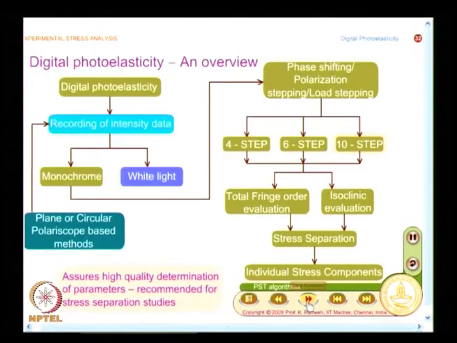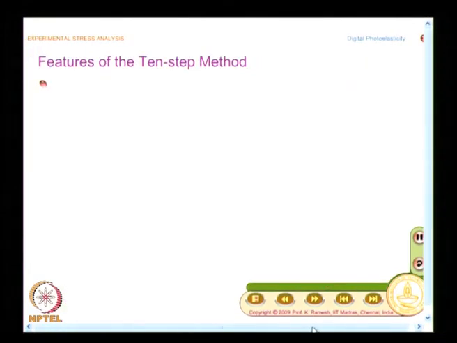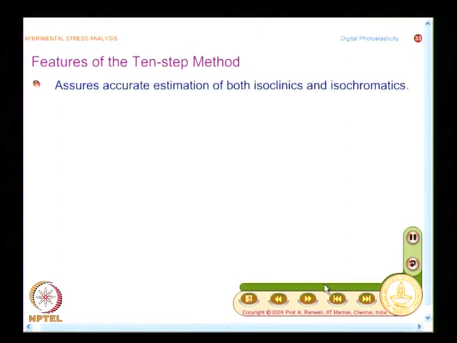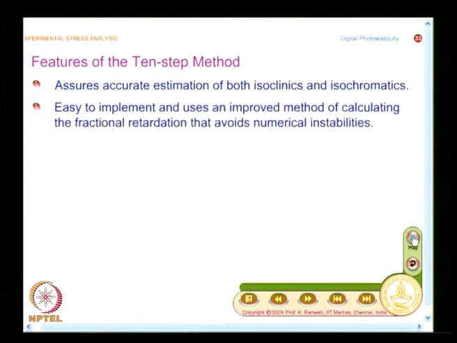And let us look at what are all the features of the 10 step method. So, the first achievement is it assures accurate estimation of both isoclinics and isochromatics. The methodology is easy to implement and uses an improved method of calculating the fractional retardation that avoids numerical instabilities.